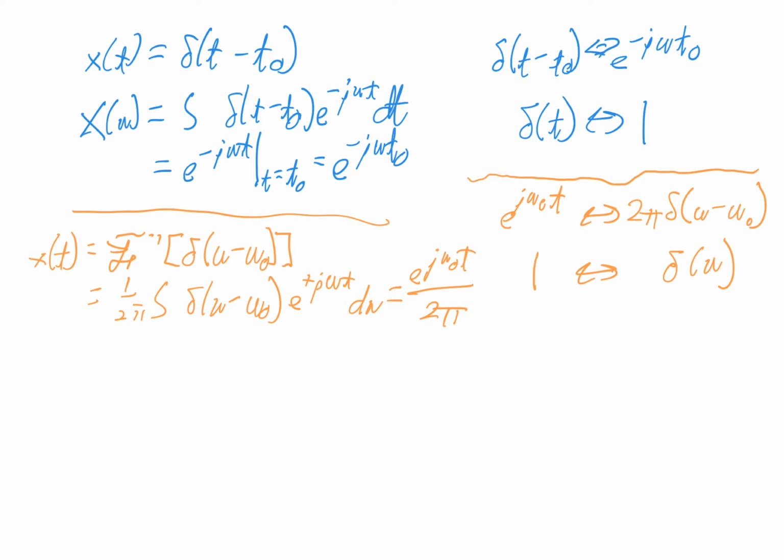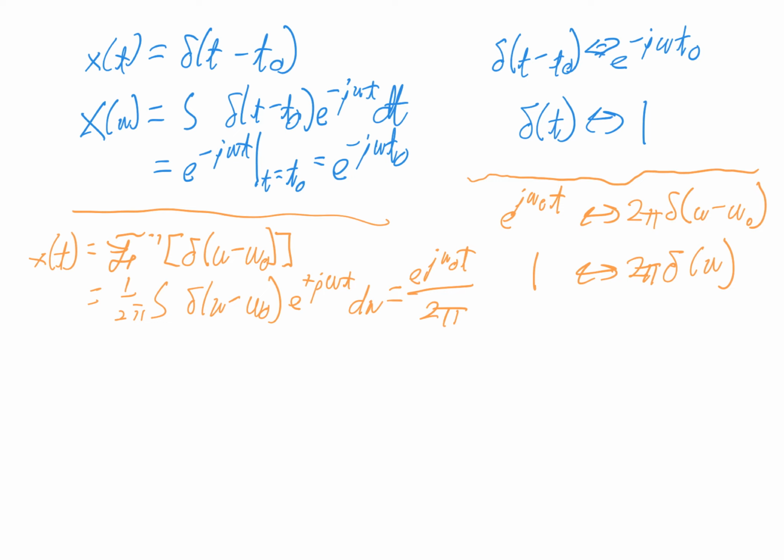Here we have some dual pairs. We see that an impulse in the time domain at 0 gives us 1 in the frequency domain. Oh, we forgot to write the 2 pi here. Also, we see that conversely, a DC value of 1 in time gives us an impulse in frequency.